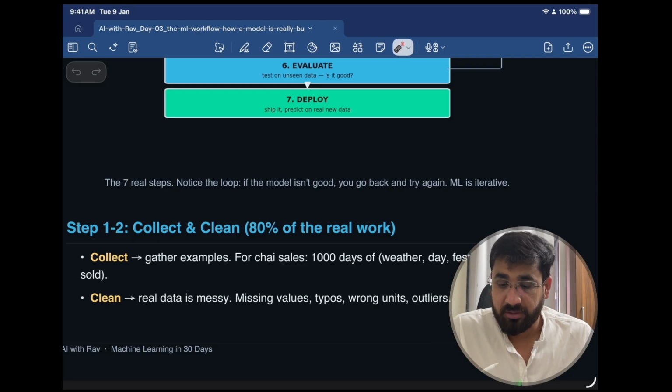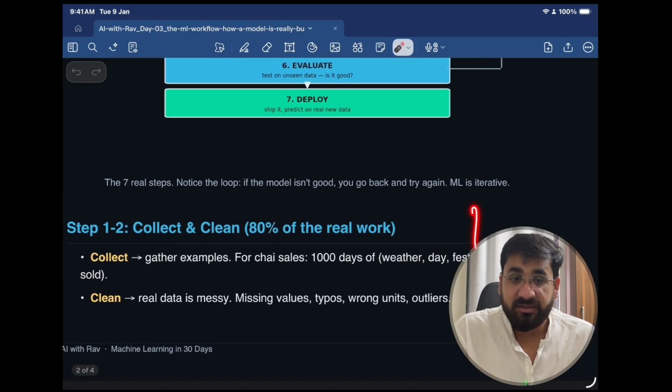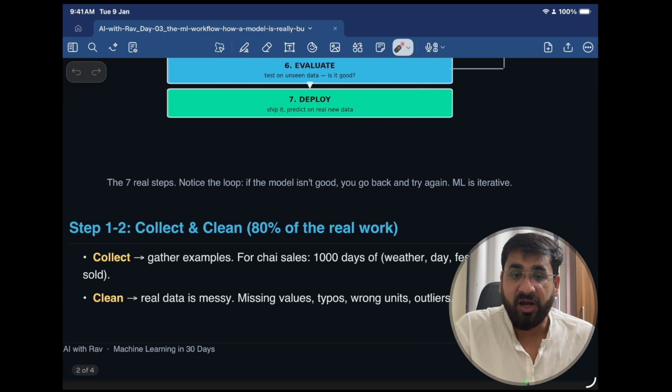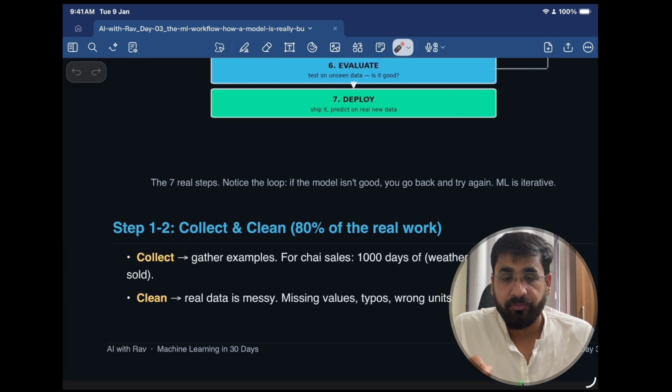So here what is happening, Ramesh will take a pen and paper and write it down for each day: what is the temperature, what is the date, is there any festive season, and how many cups of tea he sold. This is the gathering of data.